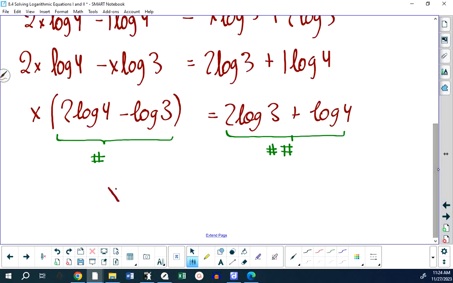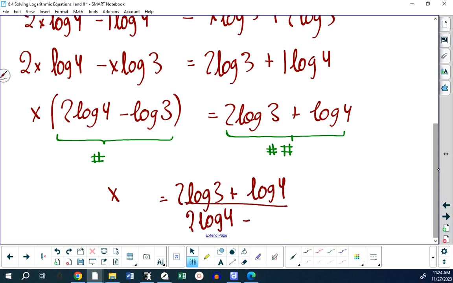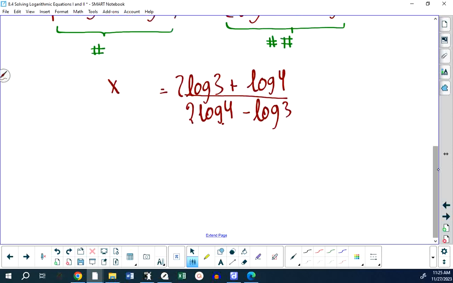So x will be equal to 2 log 3 plus log 4 over 2 log 4 minus log 3.